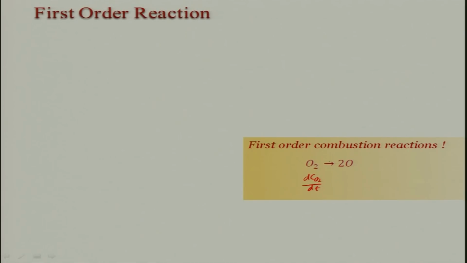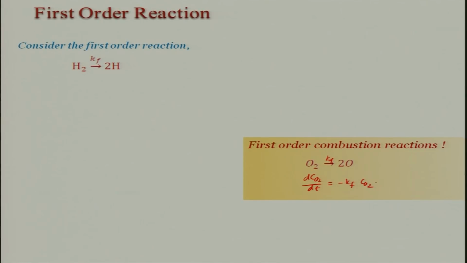So, let us consider the first order reactions, as we have already seen, O2 reacting to 2O, right, and in this case if I take dC O2 by dt, if I say this is Kf, it is equal to minus Kf CO2, right. So, this is basically a first order reaction.